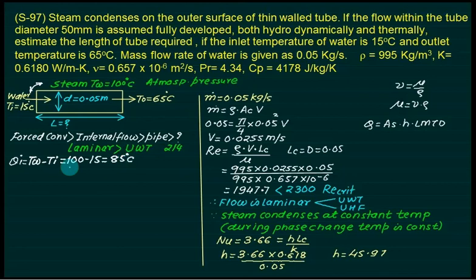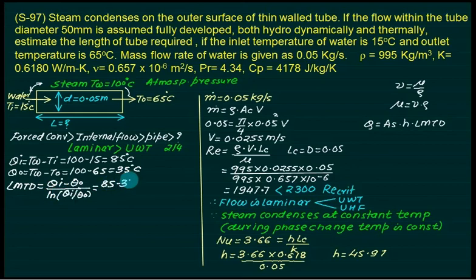Similarly, theta o is Tw minus To, that is 100 minus 65, equal to 35 degrees Celsius. LMTD is defined as theta i minus theta o divided by natural log of theta i by theta o. We have 85 minus 35 divided by natural log of 85 divided by 35. So LMTD is 56.35 degrees Celsius.